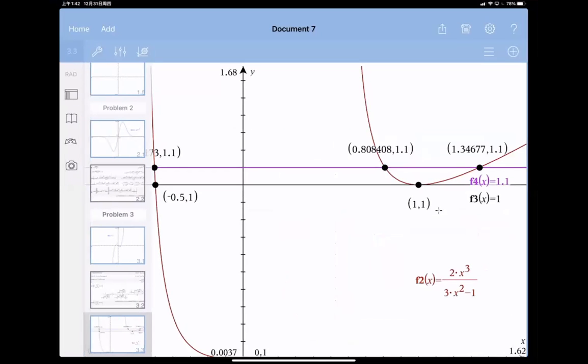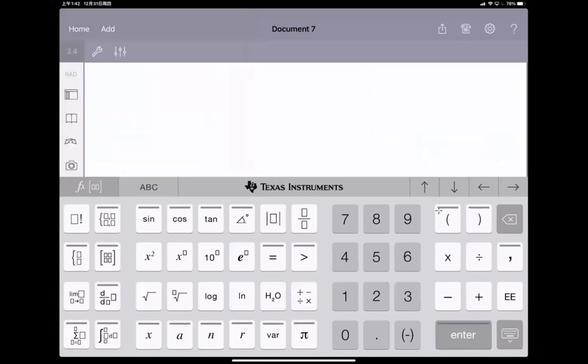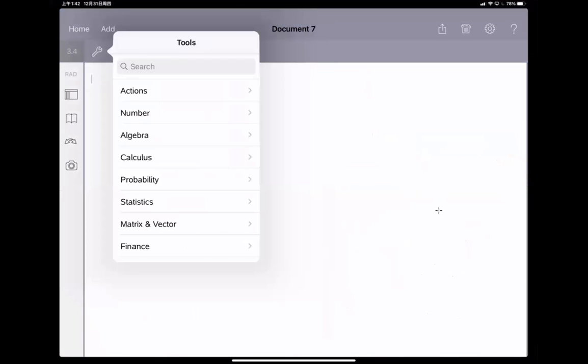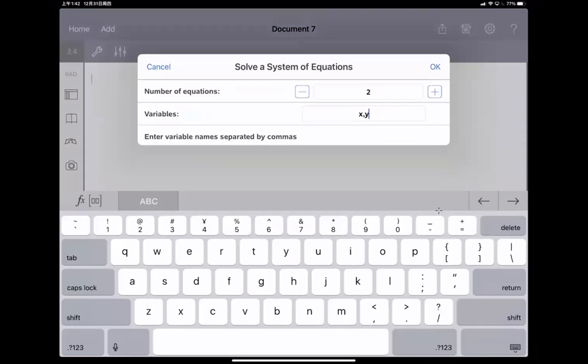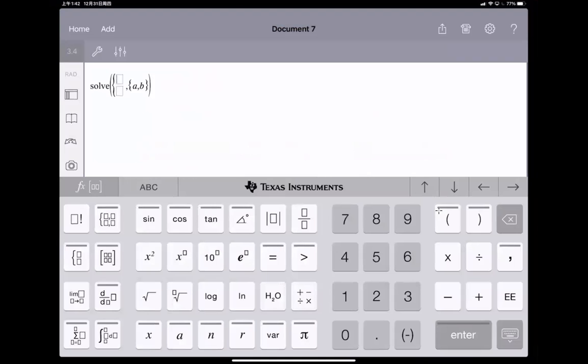So we go back to, actually we can create another, let's say, calculator page. Manual algebra, solve system of equations, solving for A and B probably, A comma B. You have two gradients, 3A squared minus 1 equal to 3B squared minus 1.